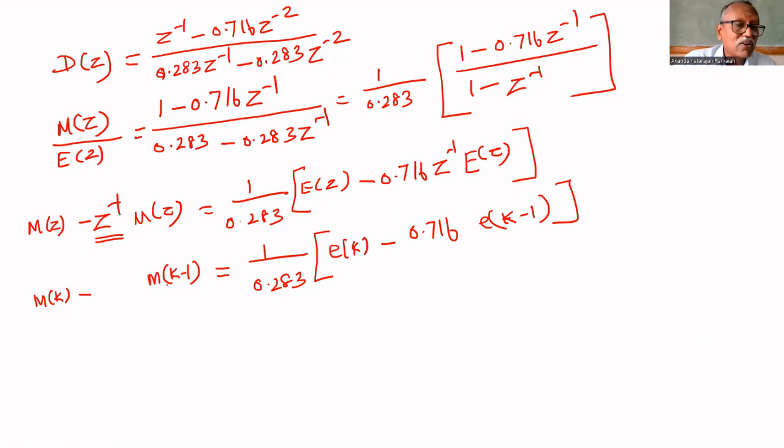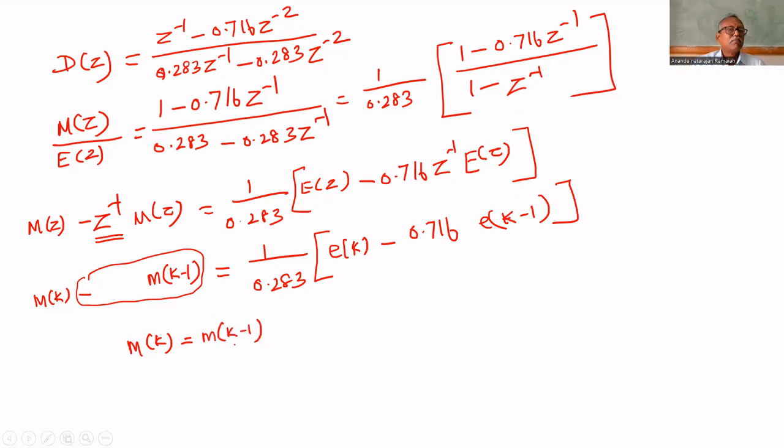What is the meaning of the controller? The controller output M of k equal to, you bring this to the right hand side, M of k minus 1, which means previous controller output, previous sampling period. Suppose I am in sampling period 10, the 9th sampling time value is M of k minus 1.